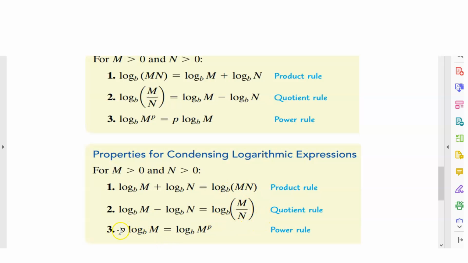And with the power rule, we can take a multiplier p that is out in front of a logarithmic expression and now move it back into an exponential form where we have log to the base b of m to the p power.